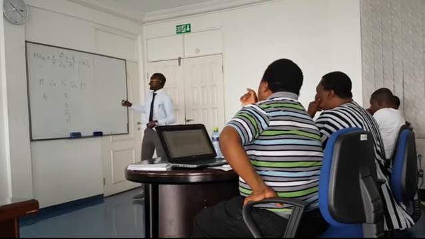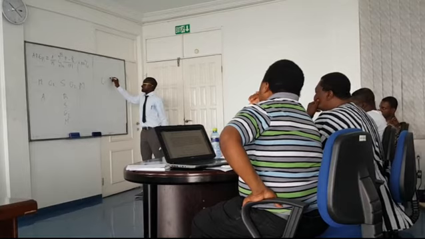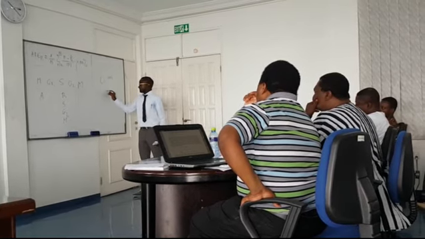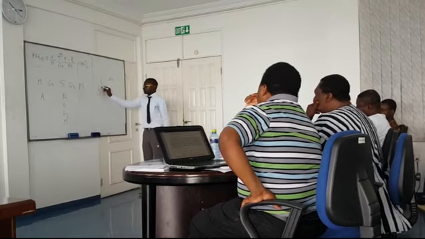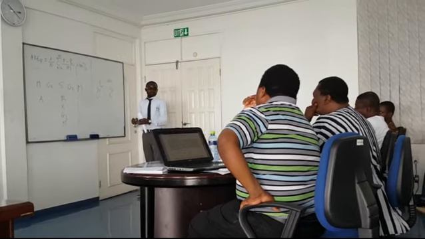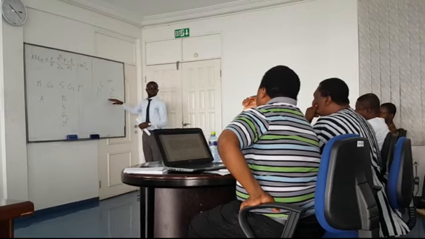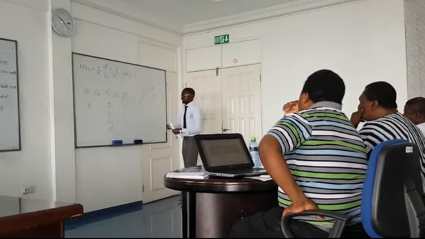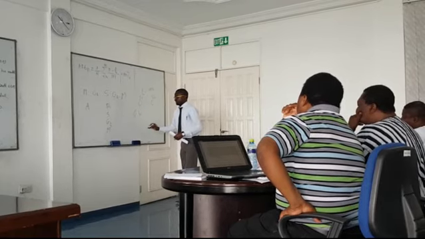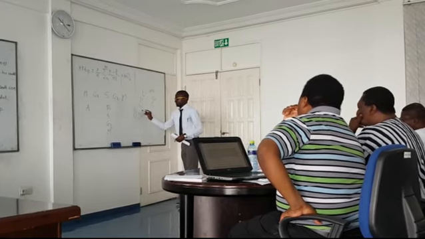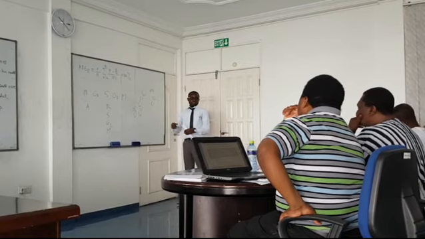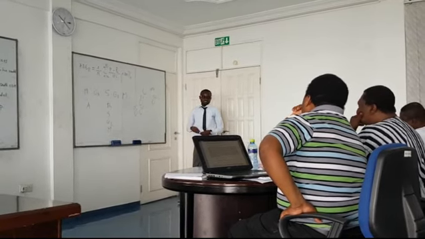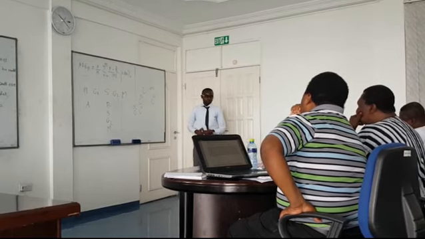So if we start with one cell and the intensity is 100, after dividing, the intensity of the two daughter cells will be 50 and 50. So the flow cytometry will show that the cell has undergone just one division. And for the next division, this will be 25, 25. By looking at the intensity, we can know how many divisions the cells have undergone.